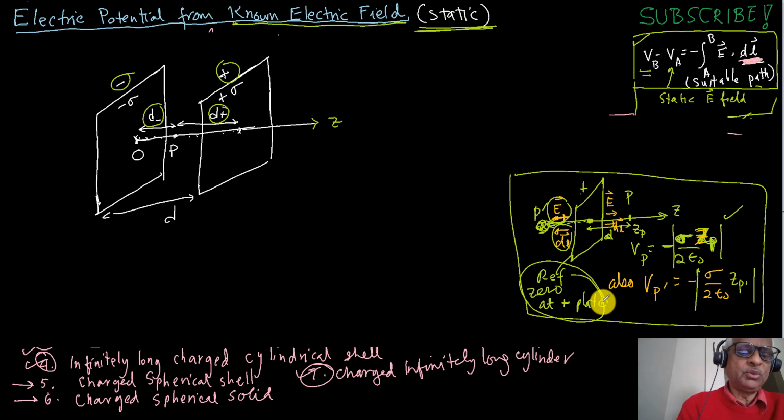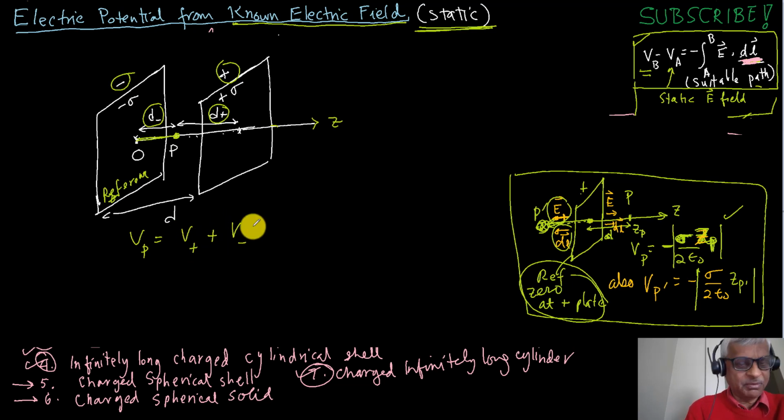Now, when we do this plate, we have to pick one reference 0. So this will be reference 0 for us, not this one. When we find the potential at P, it should come from the positive plate plus the negative plate.